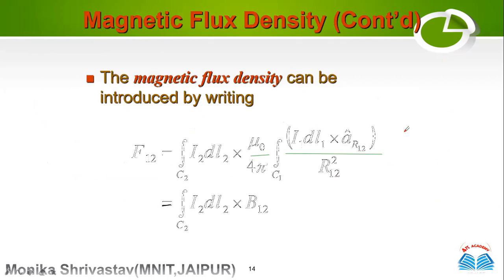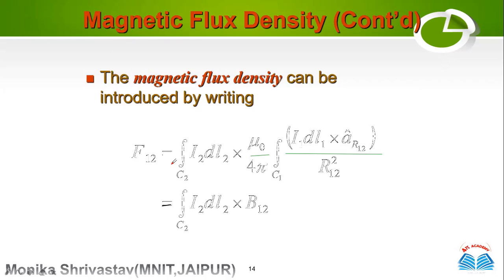So, what will be the magnetic flux density? We have seen this formula now. F12 is equal to the integral over C2 of I2 dl2. What is this C2 and C1? C2 is the closed loop for the second current carrying conductor, and C1 is the closed loop for the first current carrying conductor.